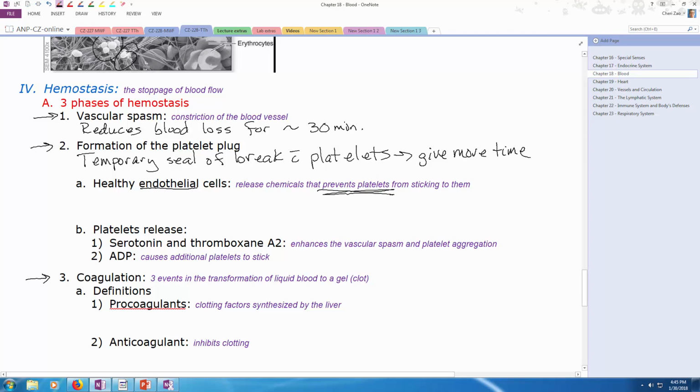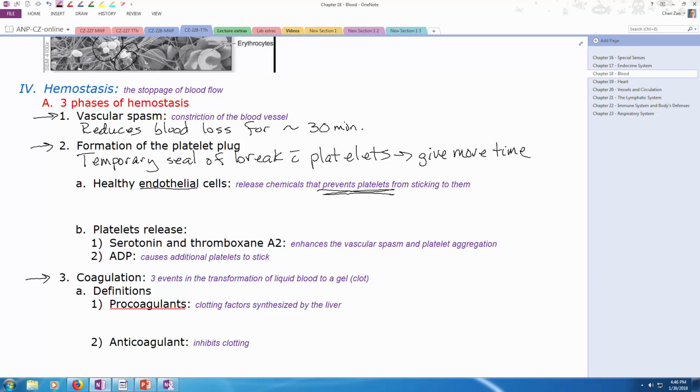So they're always secreting their, I feel good, leave me alone, little surface medications, so to speak. And in doing so, this will keep the platelets from wanting to have anything to do with them, and they'll just float around in the bloodstream until they find an area that isn't healthy anymore.